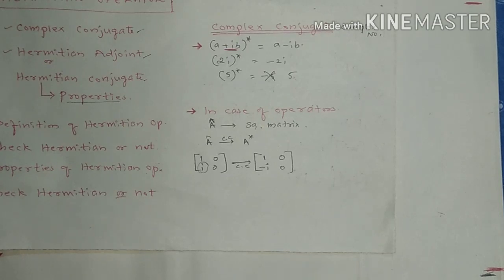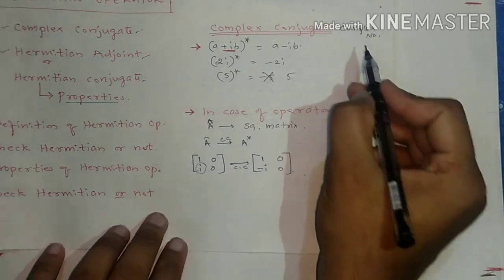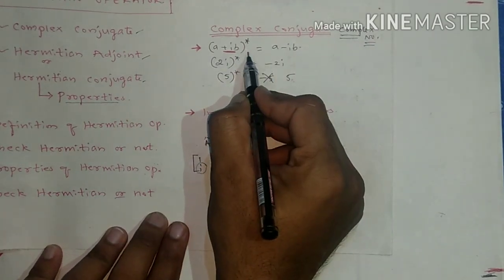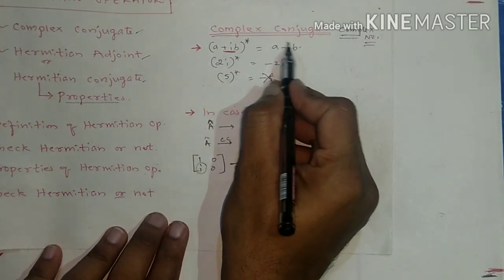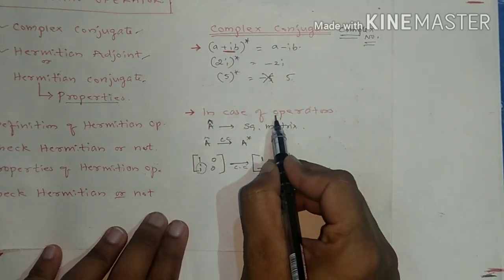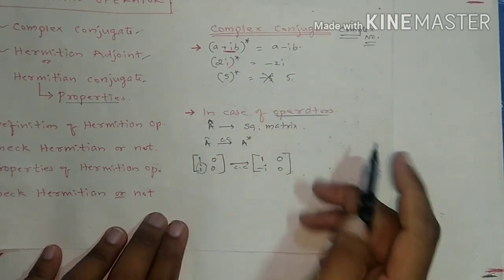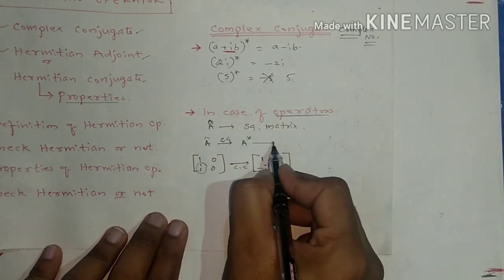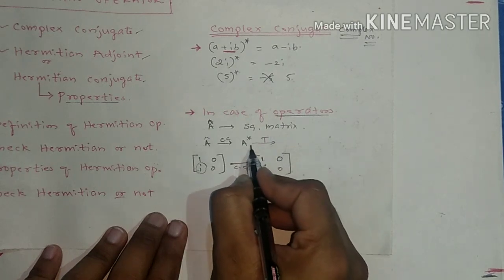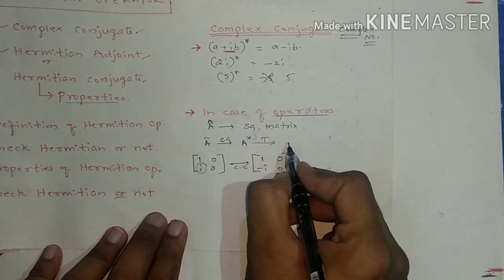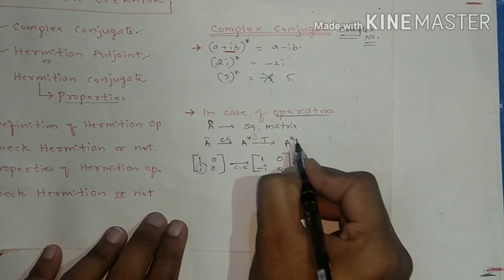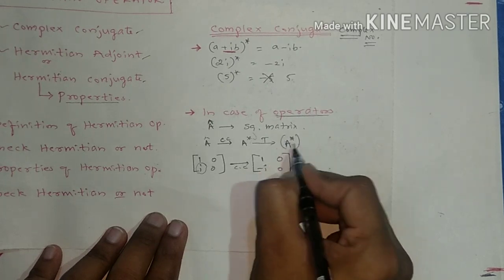But there is a difference between complex numbers and operators. In complex numbers, we do only one operation, that is the complex conjugate, changing the sign of the imaginary part. But in the case of operators, we have to do two operations. The first one is the complex conjugate and the second one is the transpose. Whatever we get here, that will be A star, and we take the transpose of that.